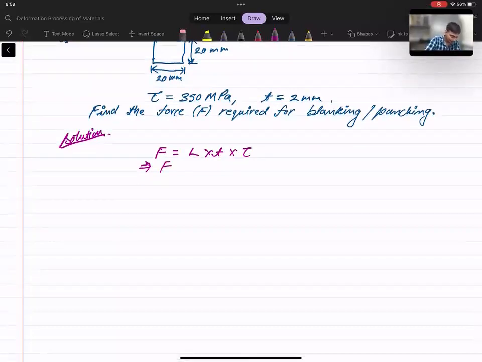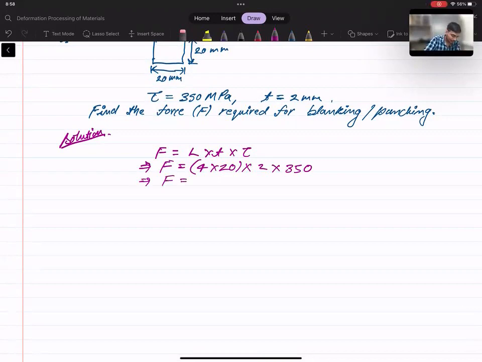The length will be 4 times 20, because here we need to consider the perimeter. So 4 into 20, thickness was 2 mm and the shear strength is 350. Simply we have to take the products.